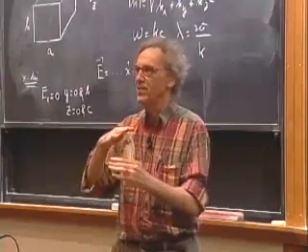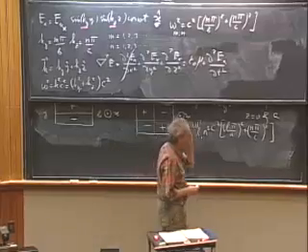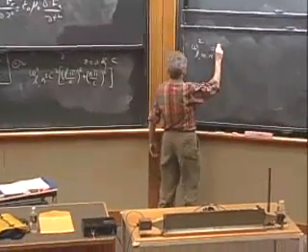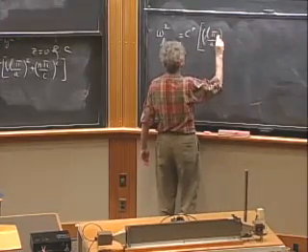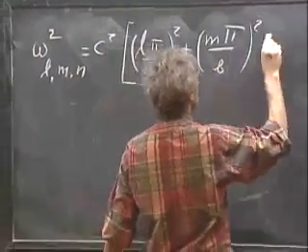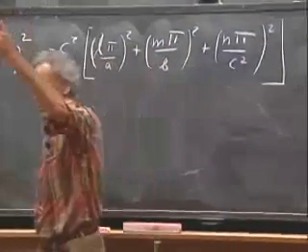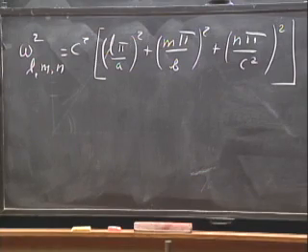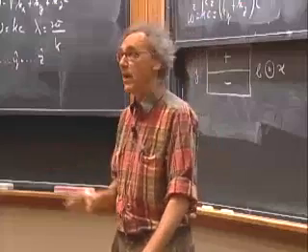So I don't just radiate linearly polarized radiation only in the x direction and only in the z direction, but now I say, aha, if omega squared for L, M, N is c squared times (L pi over a) squared plus (M pi over b) squared plus (N pi over c) squared, then I can have an E vector which is in some random direction, well maybe not too random because I have to meet this condition, and now I have a whole family of infinite number of resonance frequencies which are not only E vectors in x, y, or in z direction.